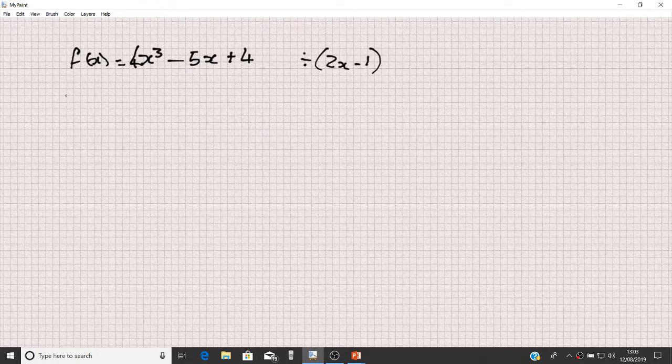Okay, so we need to look at f of positive 1 over 2, sub that in, and calculate the remainder.